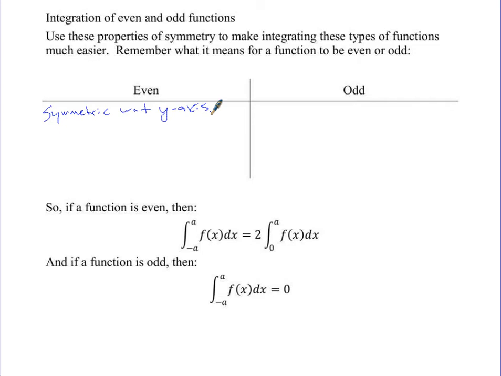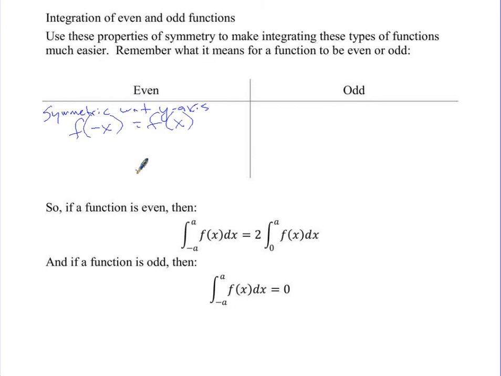When we test even and odd algebraically, we substitute in negative x everywhere that we see x, and we simplify the function down. If we wind up with exactly the same thing that we started with, then the function is even. Think of the y-axis as sitting right here on this equal sign.